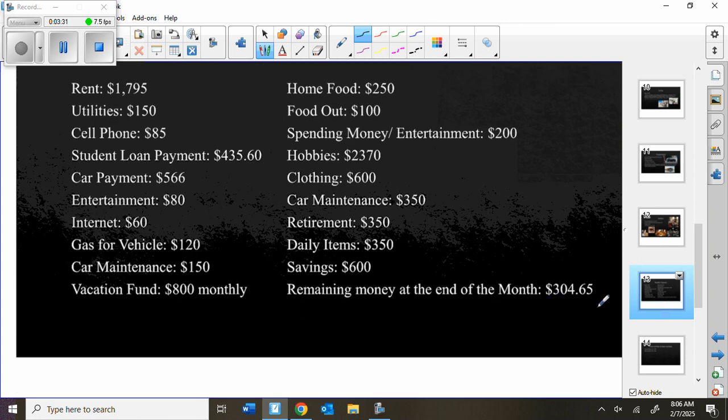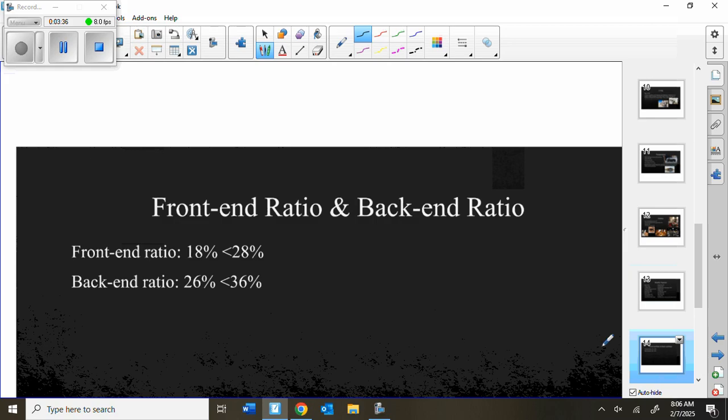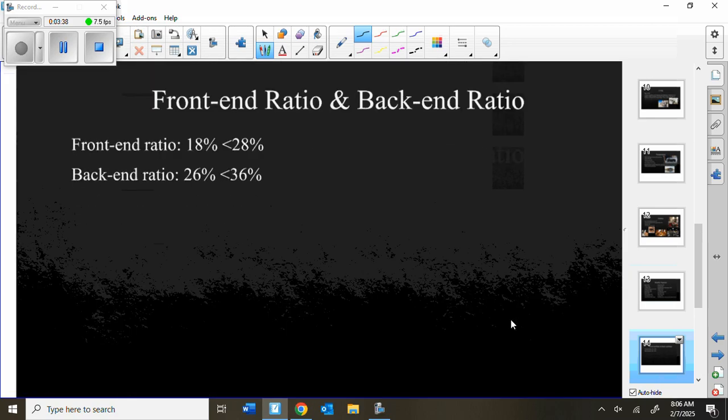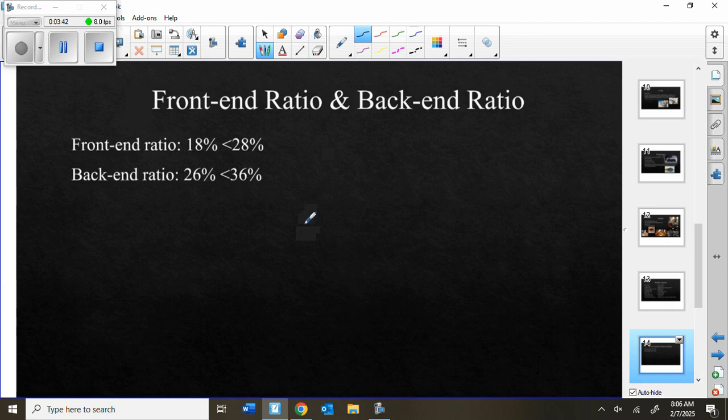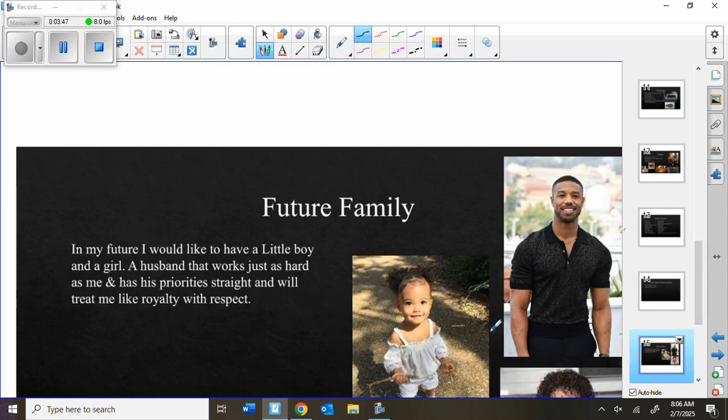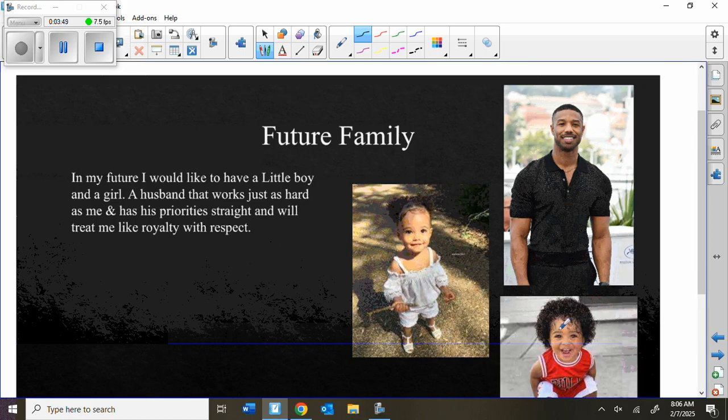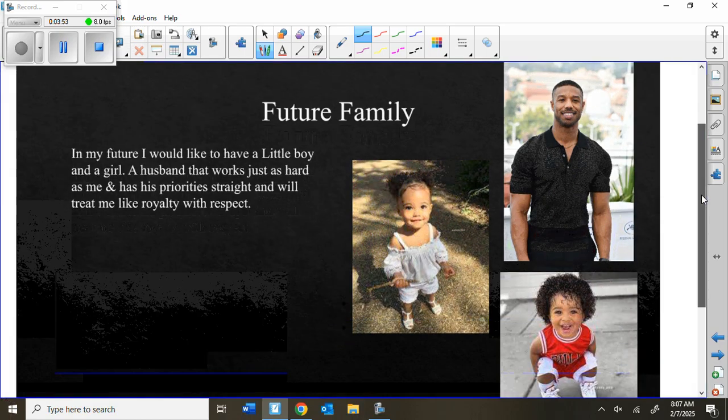They need to make sure that they have money left over at the end. They do their front end and back end ratio. I encourage them here to show their math, and this student chose not to, so I can check the accuracy. And then it's always fun for students to put in their celebrity crushes.